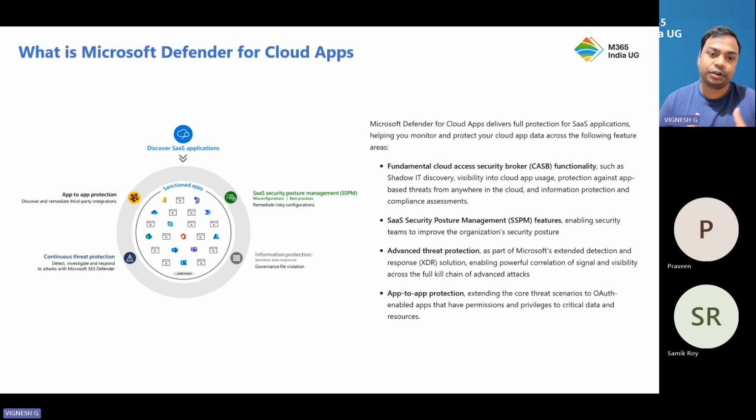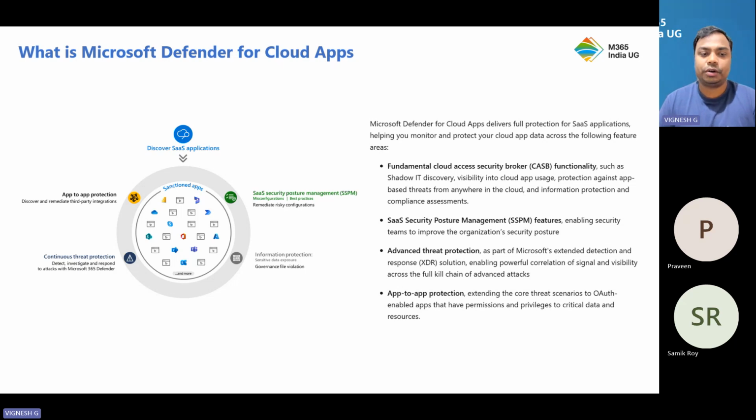How do you make sure that the security posture is taken care of, right? How do you make sure that the SaaS solutions which are running meet certain compliance requirements and security standards? This is where the SSPM piece in Microsoft Defender for Cloud Apps comes in, because you can use it to manage the security posture for all the SaaS solutions that you're using in your environment, right? Samik will be showing a demo on how to go about it.